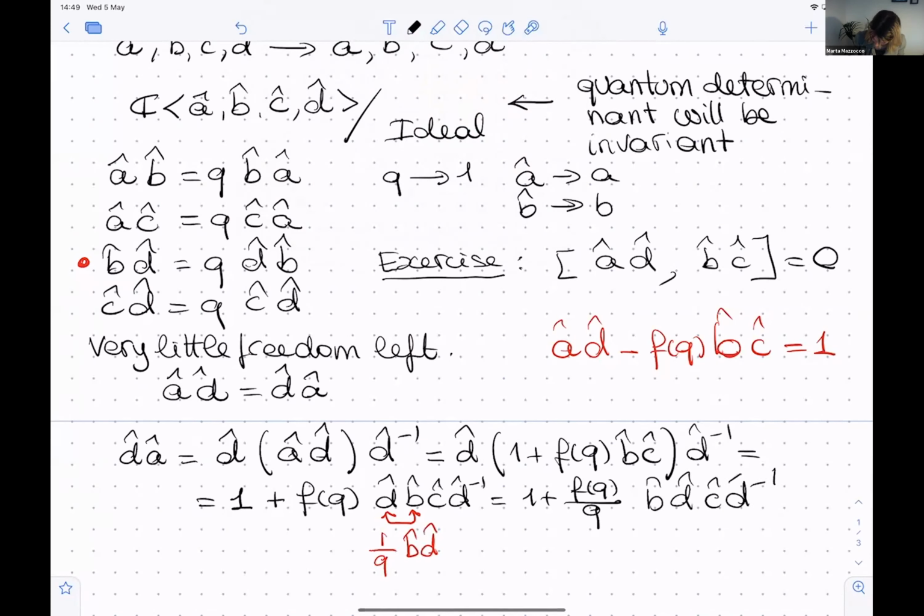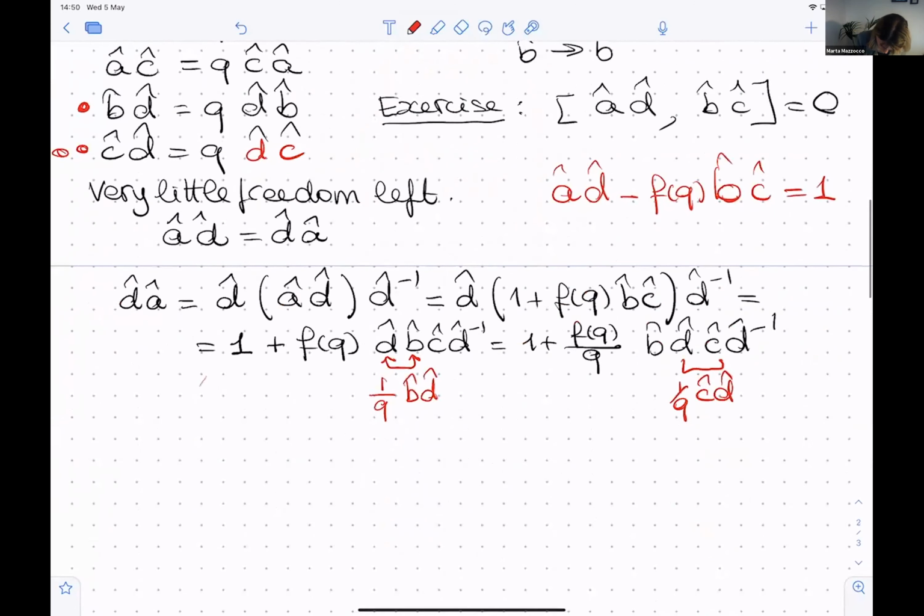And now I want to use this relation here. The second one here. So this is DC is, oh, I wrote it wrong there. Oops, not this one. Okay. So DC is equal to 1 over Q CD.